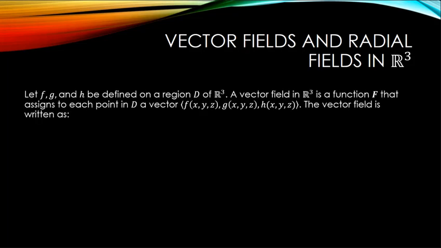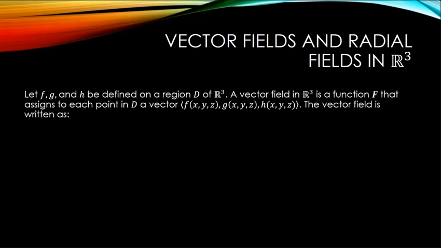So let's let f, g, and h be functions defined in a region D of my R3 space, and there's a vector field in R3 that is a function capital F that assigns to each point in my region D a vector with components f of xyz, g of xyz, and h of xyz.